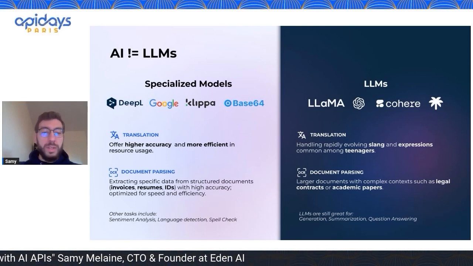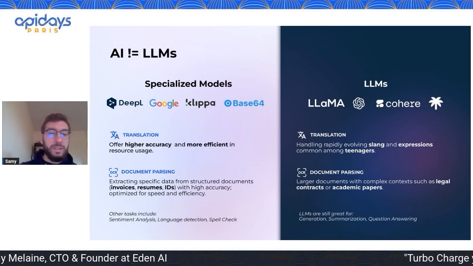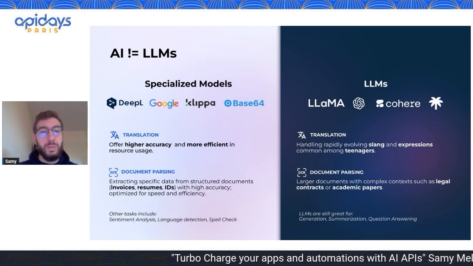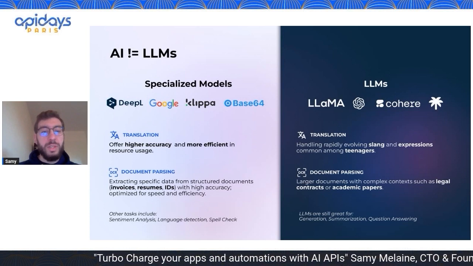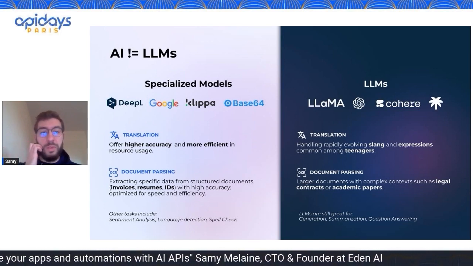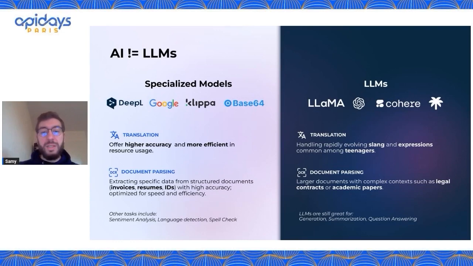And you have a lot of other tasks, such as sentiment analysis, language detection, or spell check, where very specialized models would make more sense and be way easier to use and maintain than crafting prompts. LLMs are still really great for generation, summarization or answering questions.